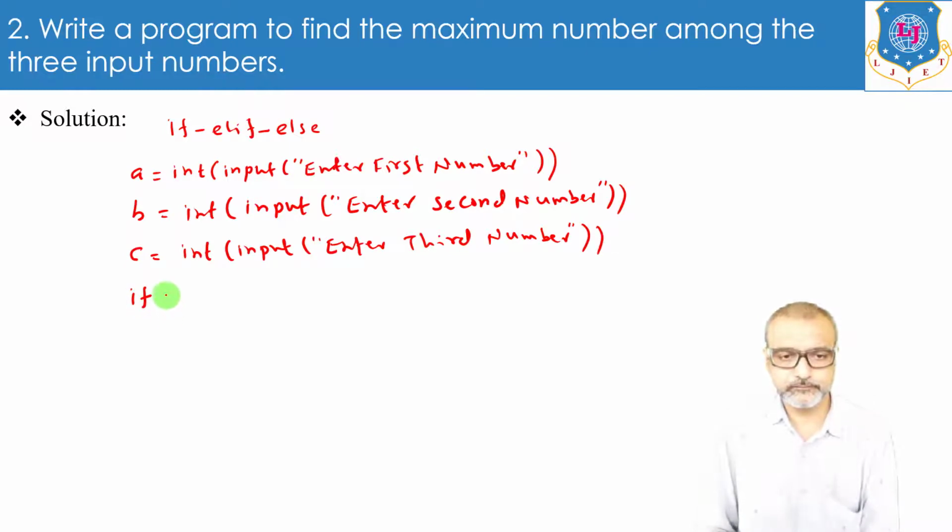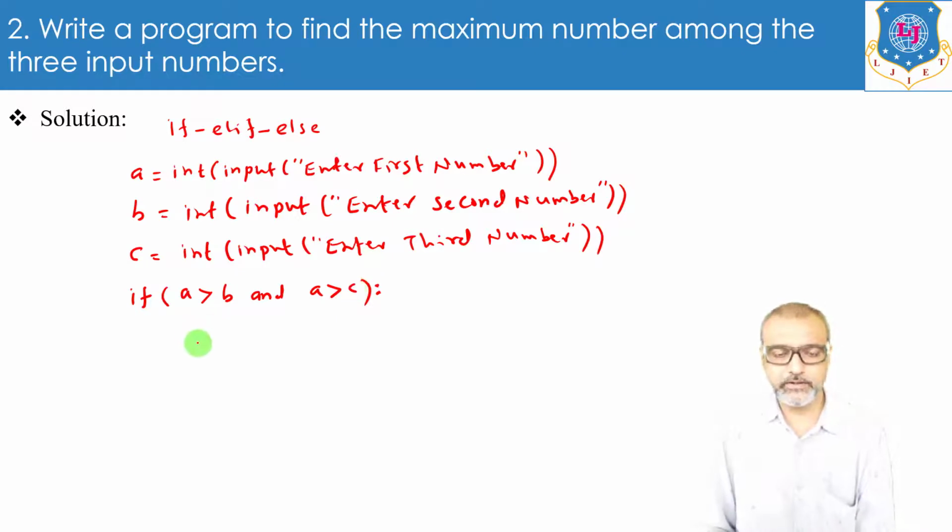If a is greater than b and a is greater than c, just don't forget to write down colon over here. So what does it mean? It means both conditions are satisfied.